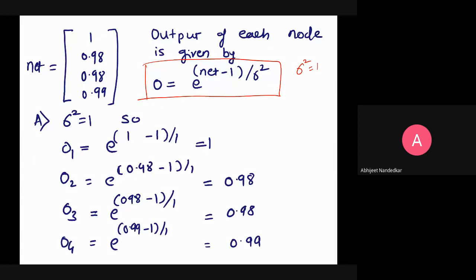For node number 1, the net is 1, so 1 minus 1 divided by sigma square gives 1. For the second net value, 0.98 minus 1 divided by 1 gives 0.98. For the third, it is 0.98. For the fourth, it is 0.99.